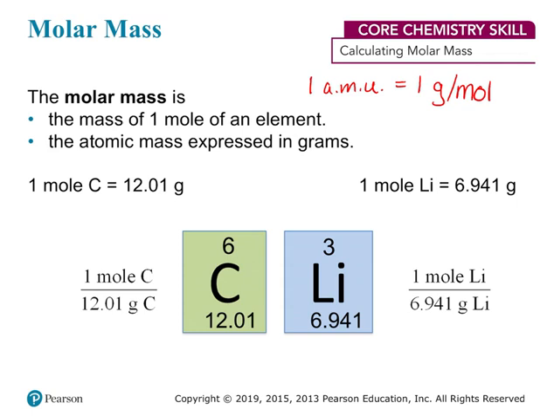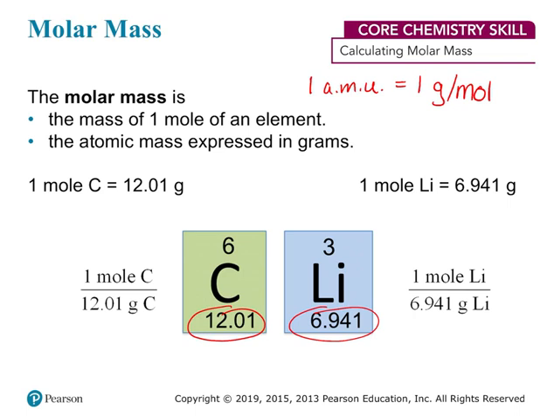All right, so if we look on the periodic table, we can see the molar masses for different elements. So for instance, carbon has a mass of 12.01 grams per mole, and lithium has a mass of 6.941 grams per mole.